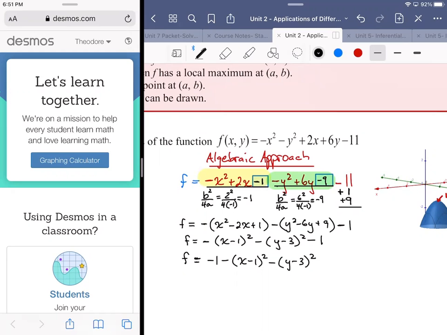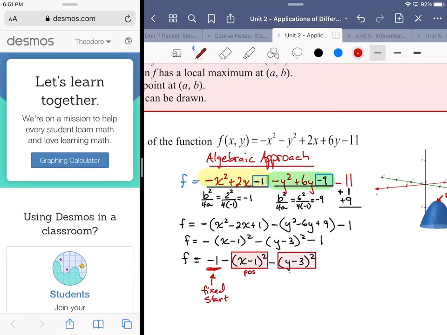Because what's happening here is I'm starting off with a fixed value of -1. So this is our fixed starting point. And then I'm subtracting a positive value. So this expression here is positive. And this value is positive.